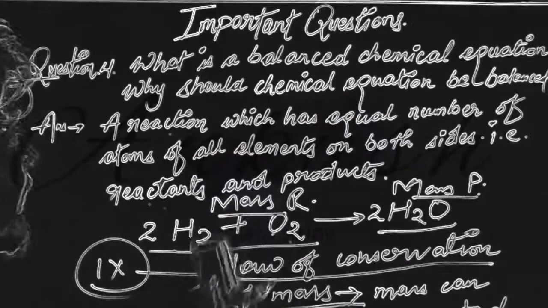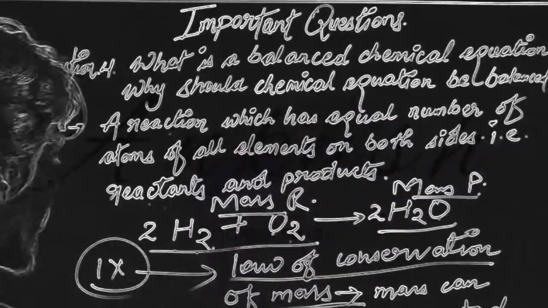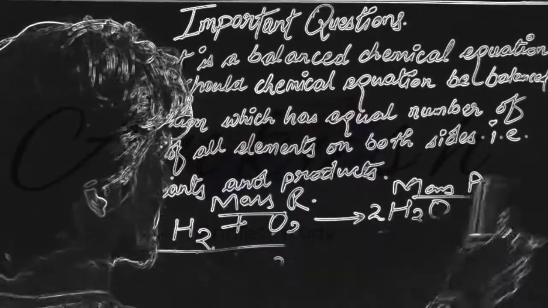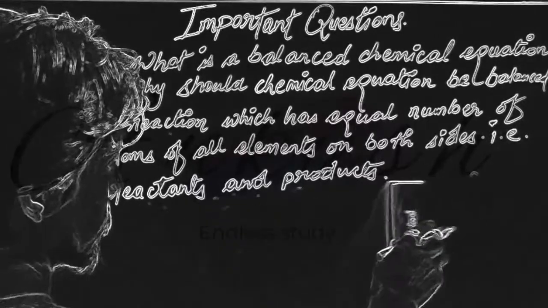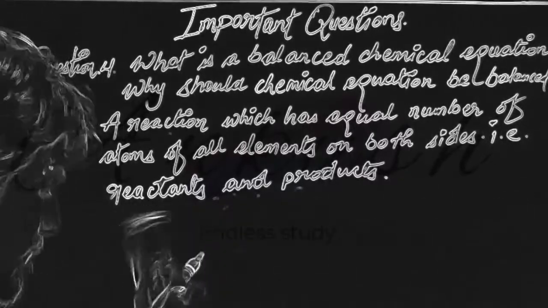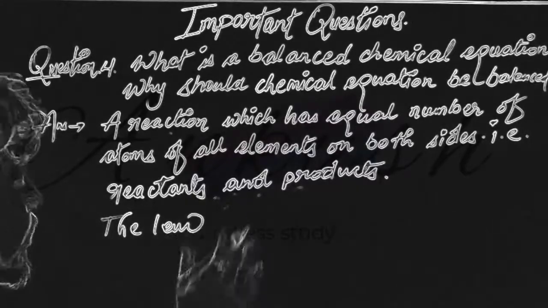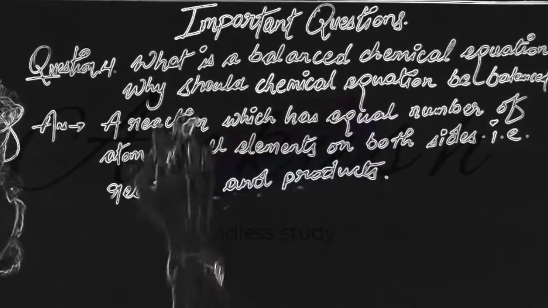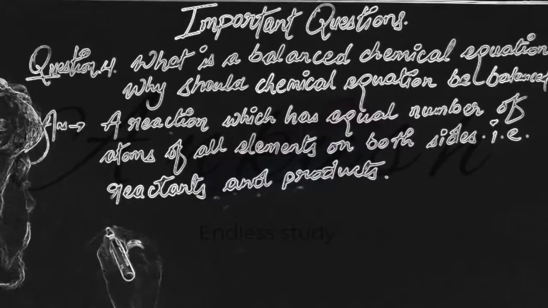So we will write the answer for the second question. Why should a chemical equation be balanced? The law of conservation of mass. So why should a chemical equation be balanced?